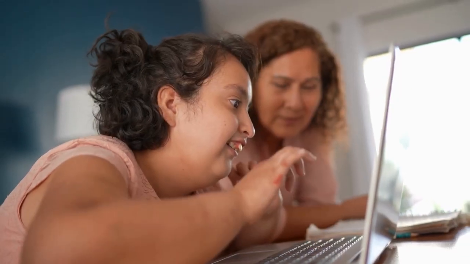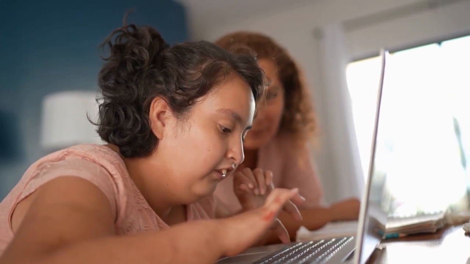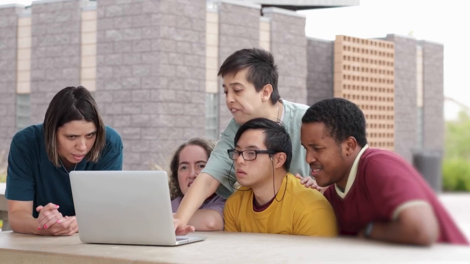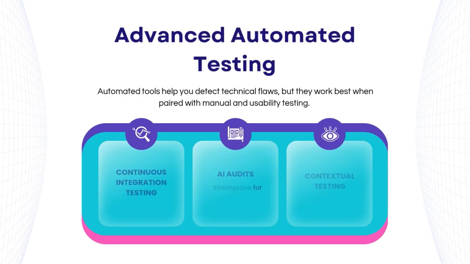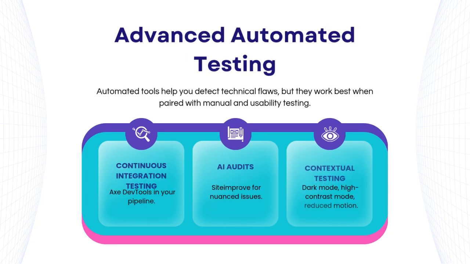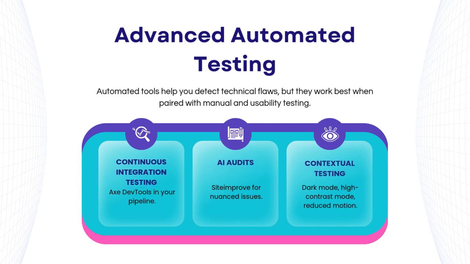So regarding automation, automation is evolving, and basic tools like Wave or Lighthouse are great, but for advanced testing, you should also go deeper with other methods like continuous integration testing, AI-powered audits, and contextual testing. Automation at this level doesn't replace manual or usability testing, of course, but it accelerates your workflow by flagging issues earlier and often.